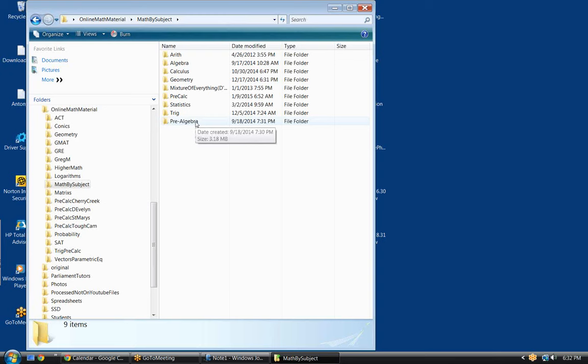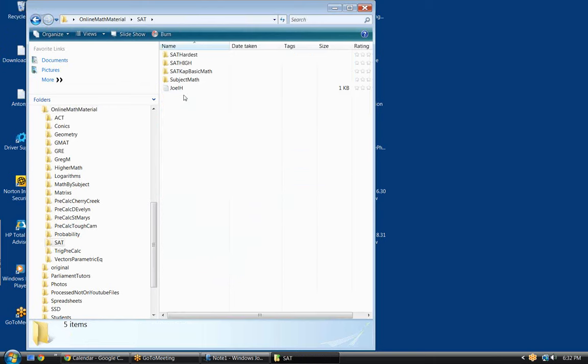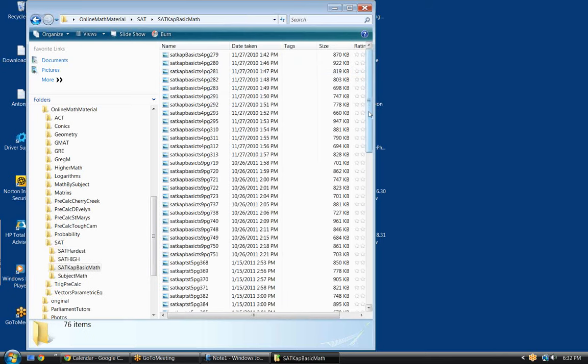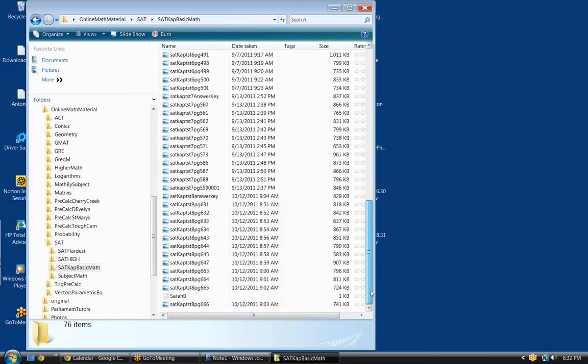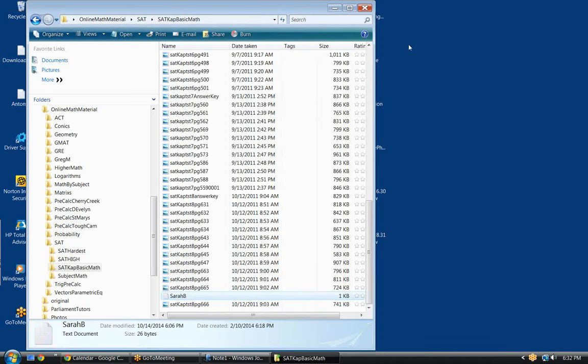Let's see what I've got here. This is the best SAT stuff I have. Have we worked on SAT before? We've done SAT or ACT, I don't really remember which one. I know we've done ACT. Here, I have a note that says we did SAT a couple of months ago, and we got to number 10 on page 281.